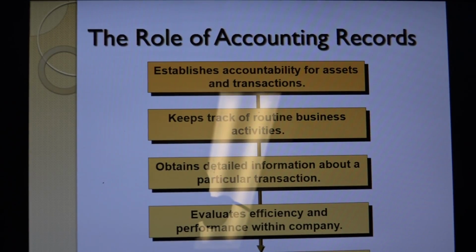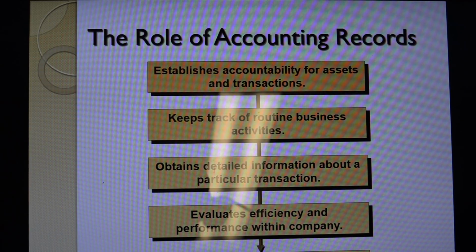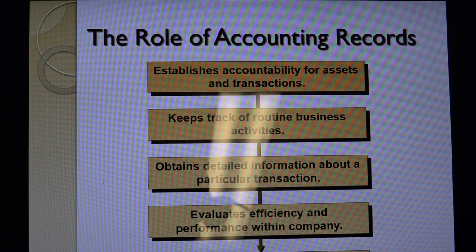These accounting records help to evaluate efficiency and performance within the company. It's how we keep score. And it maintains evidence of a company's business activities for reporting purposes, especially to outside entities.